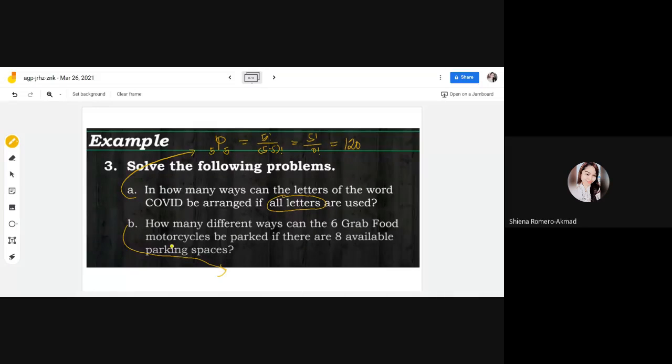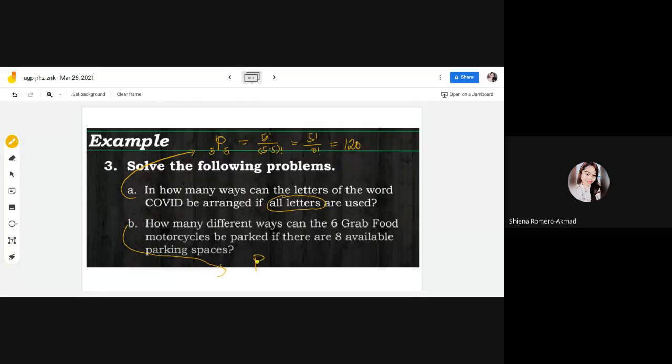How about for letter C? Ang gagawin lang naman natin sa letter C is we will identify the number of objects to solve the problem. We are asked to solve for the situation where there are 8 available parking spaces.